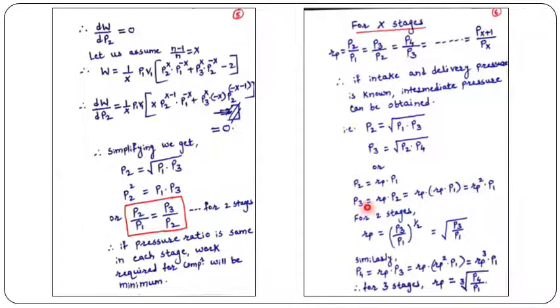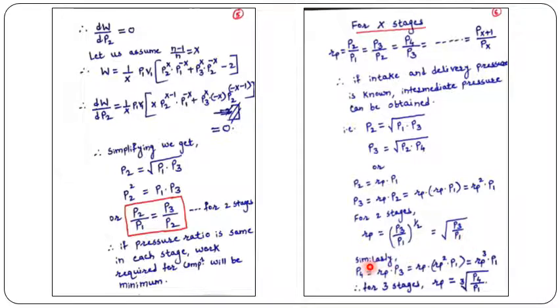So, I substitute it here. P3 becomes Rp square into P1. So, for 2 stages, I can write the pressure ratio from this expression if I know the initial pressure and final pressure. I can write Rp as under root of P3 by P1.